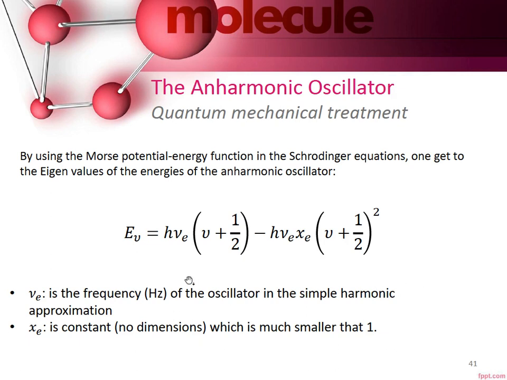So it's h nu_e (v plus half) minus h nu_e x_e (v plus half) squared. Nu_e is the frequency of the oscillator in the simple harmonic approximation. So that's what we've seen before. That's 1 over 2 pi radical k over mu. So that's nu_e. x_e is a constant that has no dimension, which is much smaller than 1.